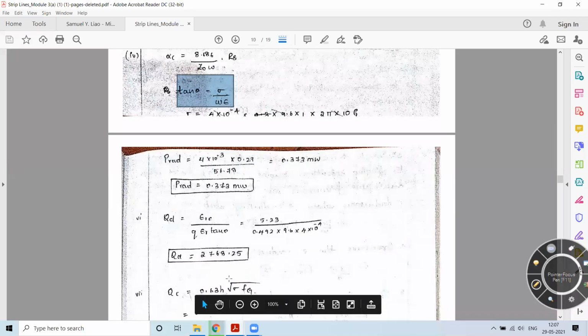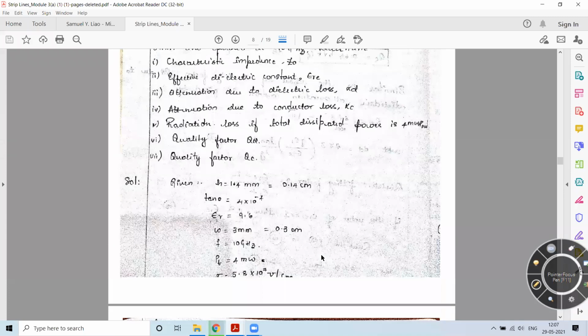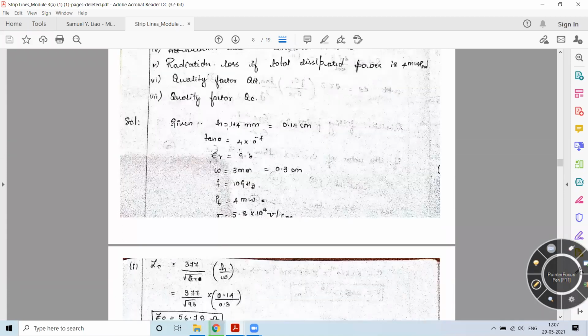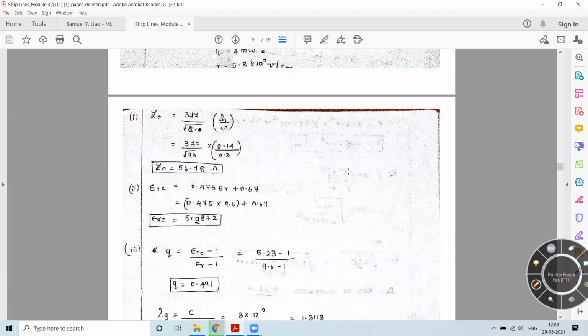Based on those equations, we'll be getting the quality factor with respect to the dielectric. We want to obtain this. You can obtain it using this parameter, but you have to convert it into the dB per lambda g specification.